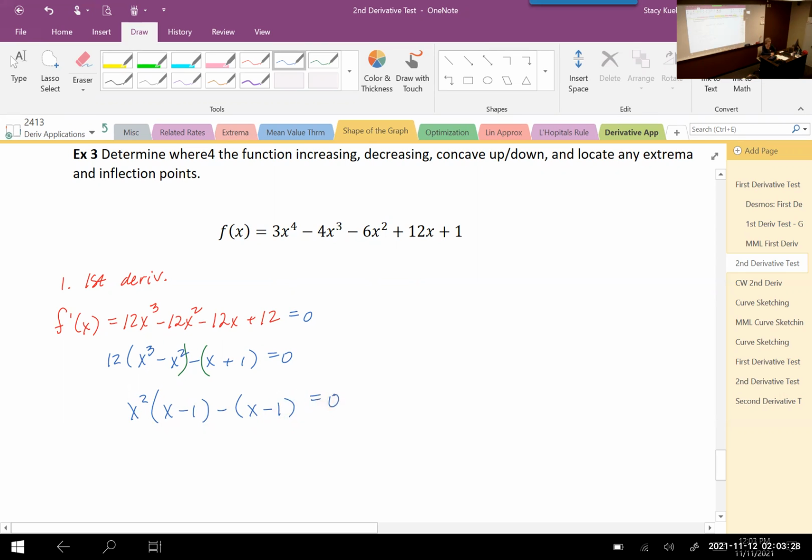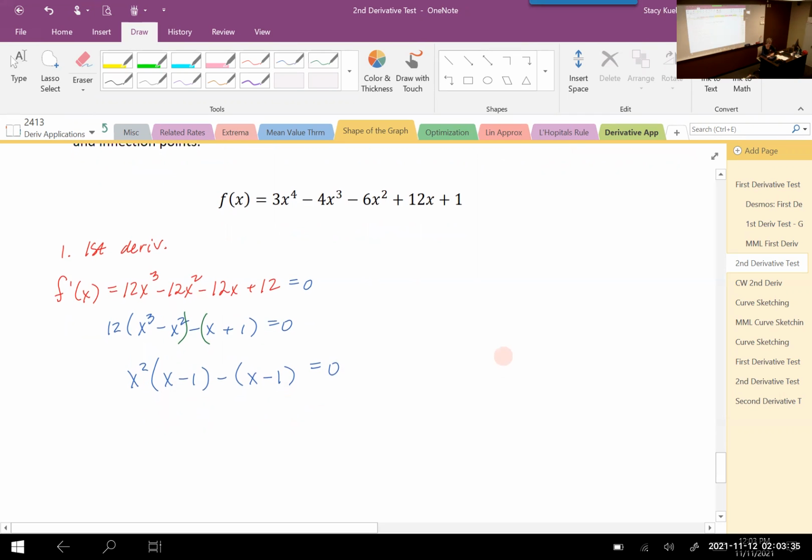What happened to my 12? All right, it just disappears, right? Okay. So this grouping works because I have a common factor of x minus 1 in both of these terms. So this becomes x minus 1 times x squared minus 1.